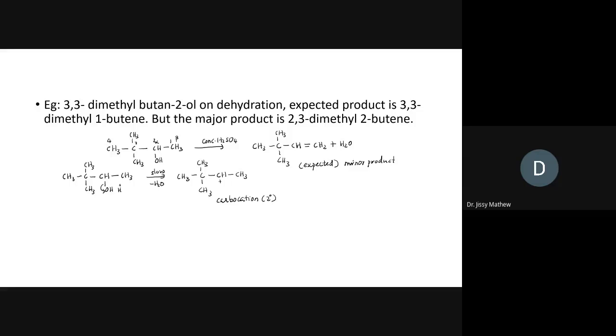And this carbocation can rearrange to a more stable tertiary carbocation. This is by a 1,2 alkyl shift.